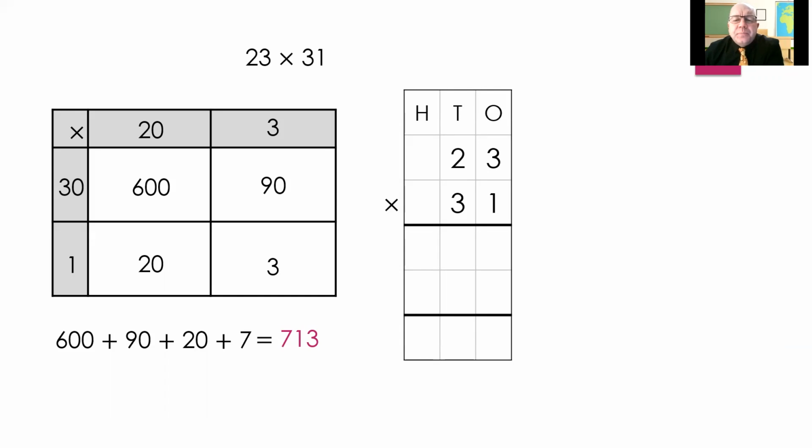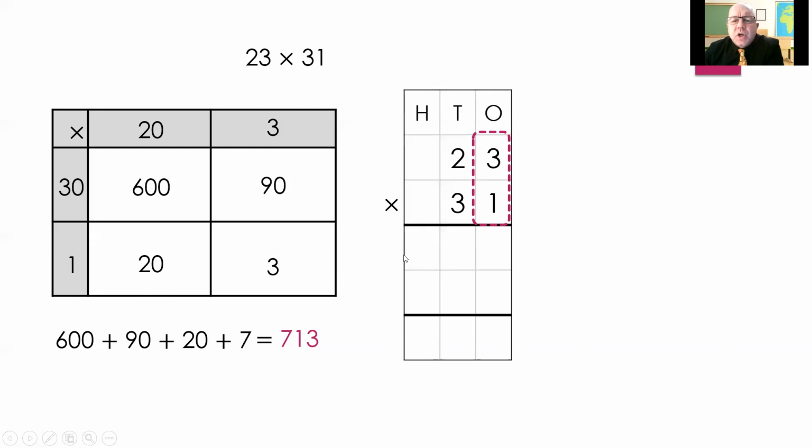But let's see. Okay. Now, again, we're going to think about our numbers as being partitions. So I know we've got 31 and 23, but we're going to think about them as 30 and 1, 20 and 3. Okay. So we're going to start by multiplying by the 1. 1 times 3, and we can see we've already done all of these answers.